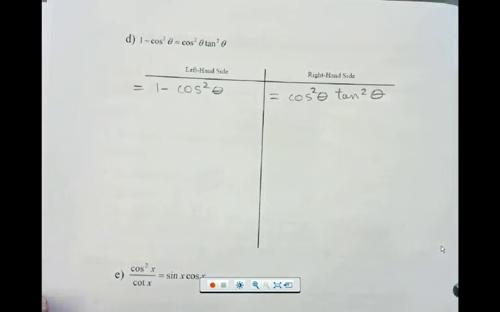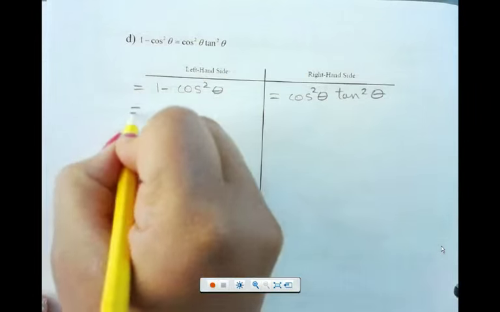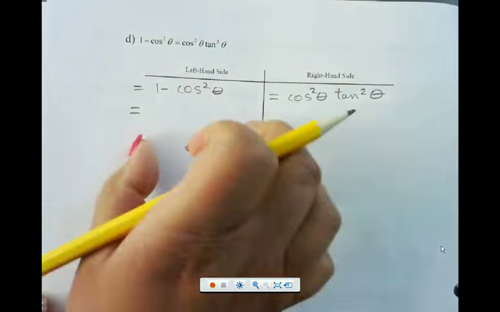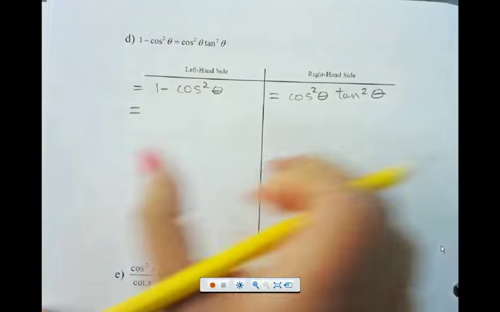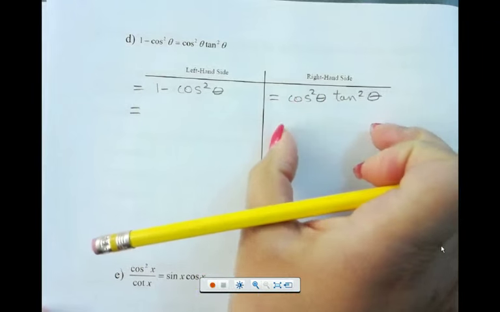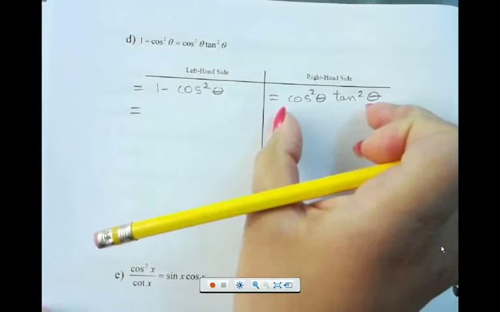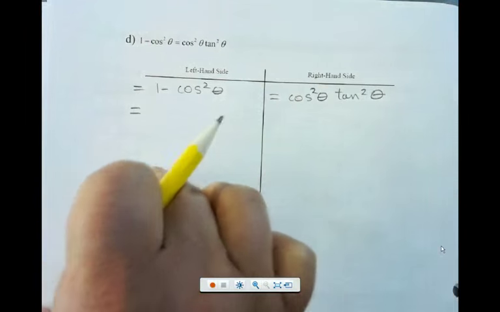Okay. Now I'm going to make sure I have my equal sign on this side and work down. And I want to work it to somewhere where it looks nice. It's not too complicated. And then I'm going to pause, and then I'm going to go to this other side, to the right-hand side, and I'm going to see if I can work through it to make it look like this side here.